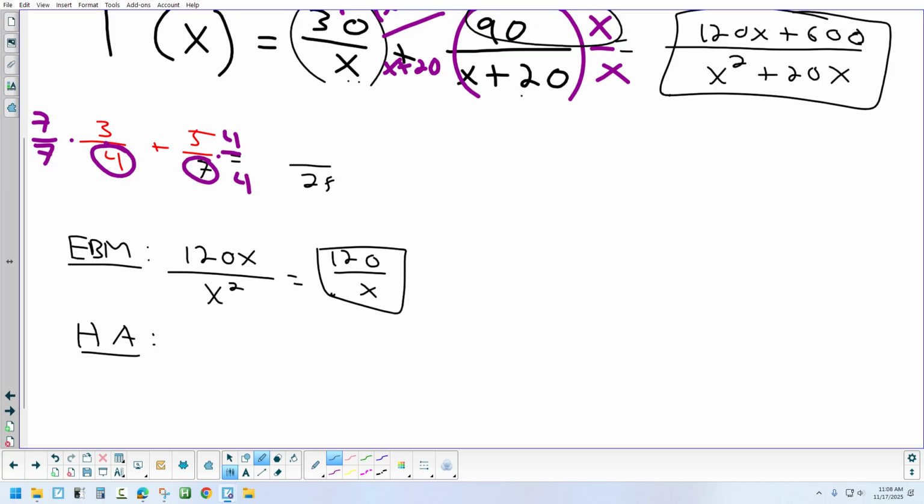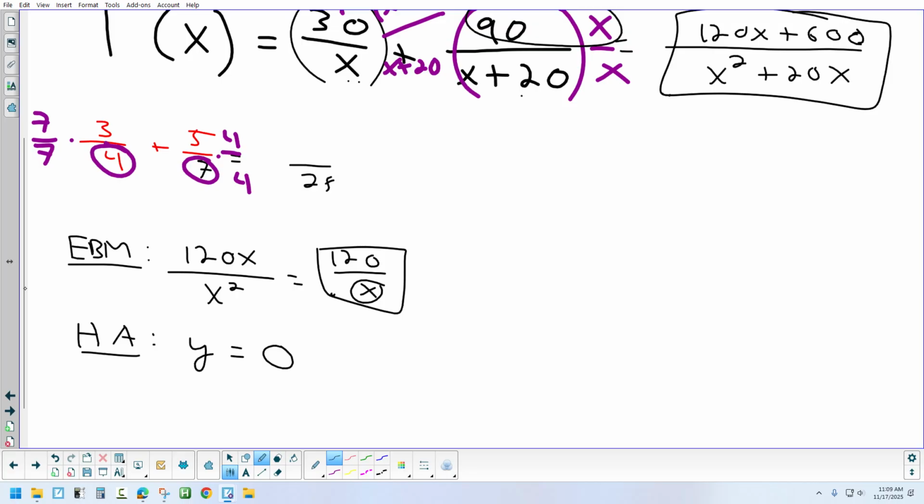How does the equation of a horizontal line always start? Y. Now, as x gets bigger and bigger and bigger, the bottom of the fraction is getting bigger and bigger, but the entire fraction is approaching what number? 0. Yeah. So we're going to have a horizontal asymptote at y equals 0.